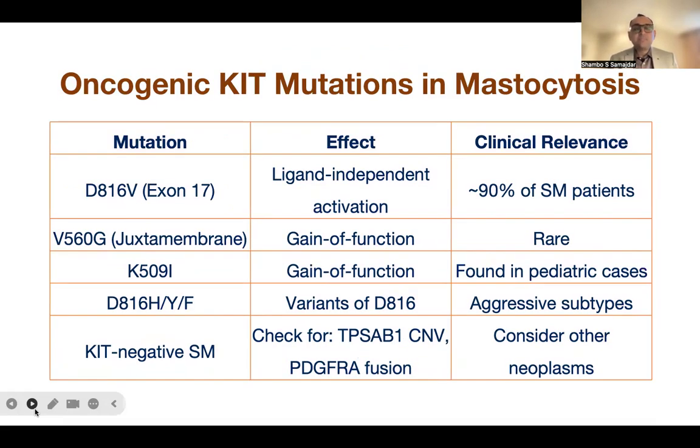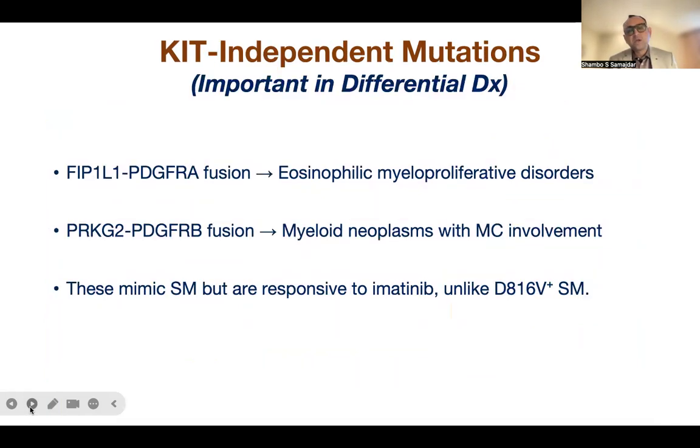There are multiple oncogenic KIT mutations in mastocytosis. These are a few important examples, where we can see how the D816V ligand-independent activation results in 90% of systemic mastocytosis cases. And there are other examples that have also been shown here.